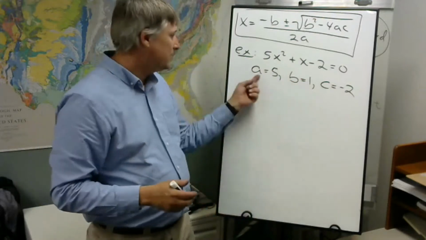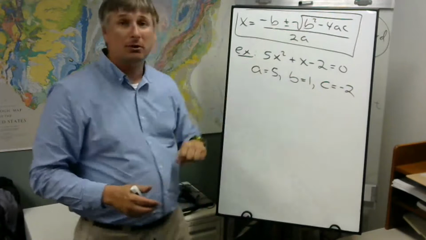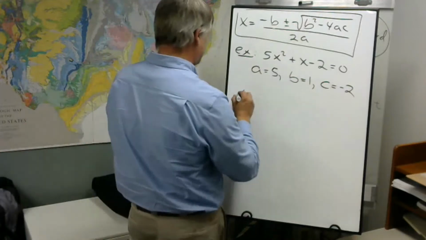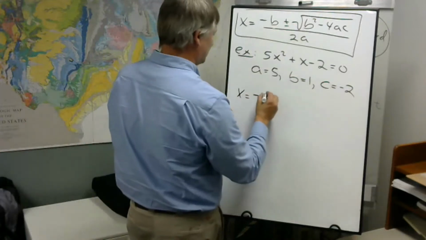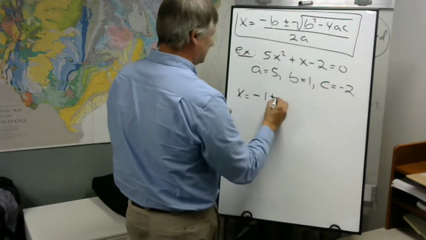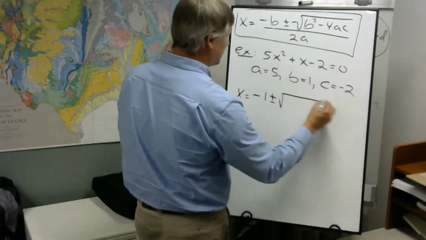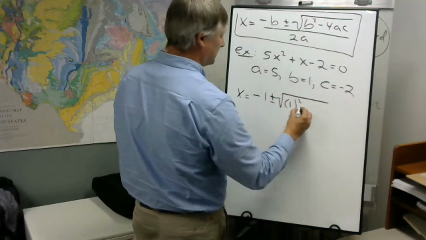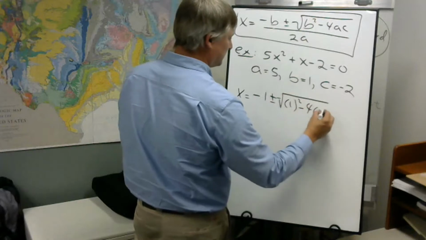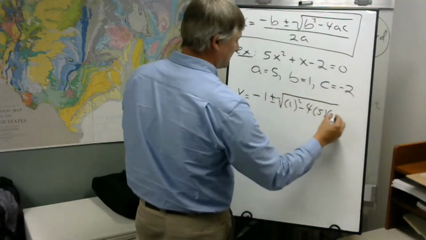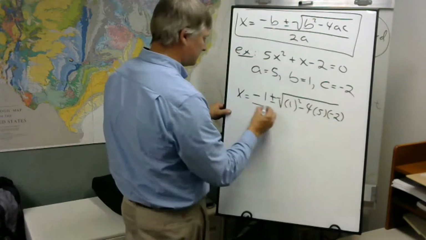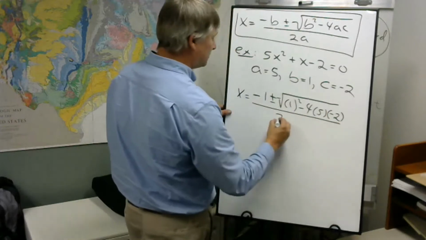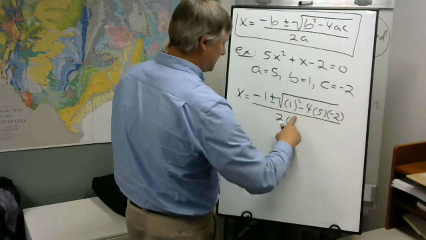Now, if this was minus x instead of plus x, little b would be -1. So now what we do is we take these values and plug them into our formula. So -1 plus or minus the square root of 1 squared minus 4 times 5 times -2 divided by 2 times 5.